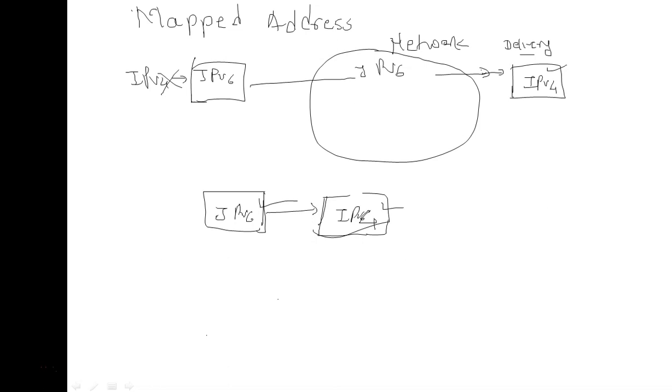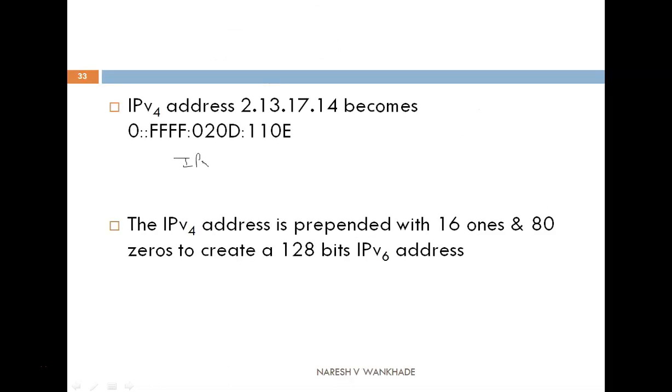Let's have the example. IPv4 becomes an IPv6 address and an IPv6 address becomes an IPv4 address. The IPv4 address is prepended with 16 ones and 80 zeros to create a 128-bit IPv6 address. Means there are 80 bits of zeros plus 16 bits of 1 plus the IPv4 address of 32 bits.